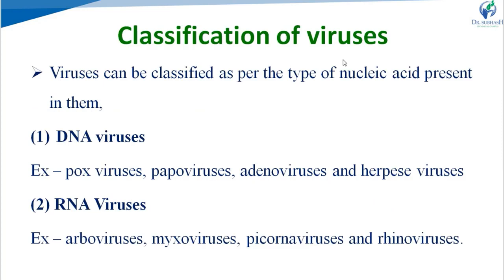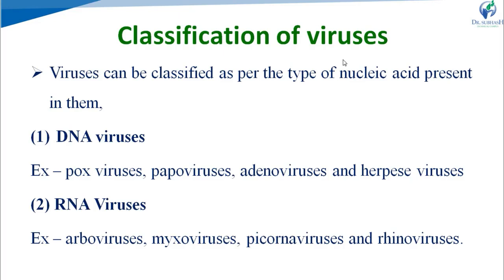Now, classification of viruses. Viruses can be classified as per the type of nucleic acid present in them. As we know, viruses contain only one nucleic acid, either DNA or RNA. Depending upon the type of nucleic acid present, they can be classified into two classes: DNA viruses and RNA viruses.